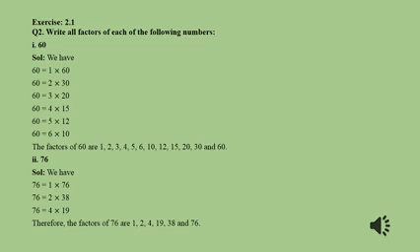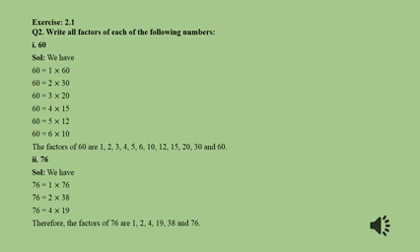That is, these numbers 1, 2, 3, 4, 5, 6, 10, 12, 15, 20, 30 and 60 are all those numbers which divide 60 exactly. So the factors of 60 would be 1, 2, 3, 4, 5, 6, 10, 12, 15, 20, 30 and 60.